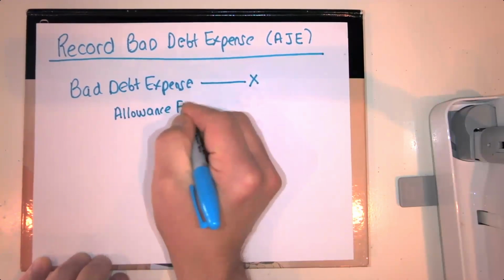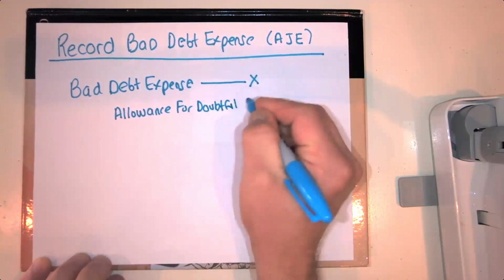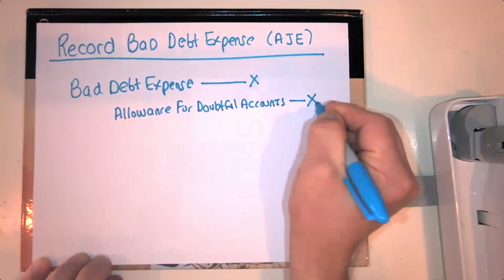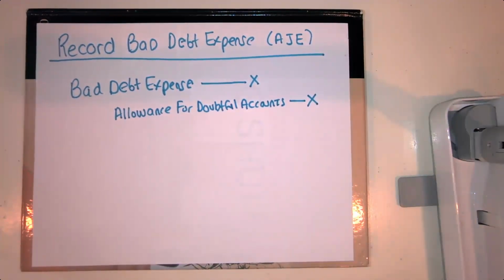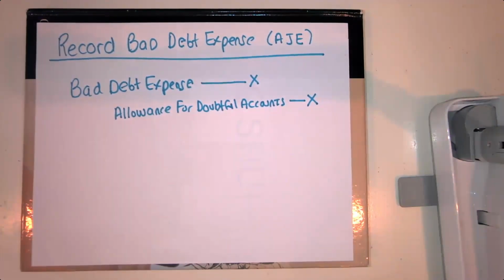Credit our allowance for doubtful accounts. Now, when I look at that adjusting entry, the bad debt expense part of that is pretty straightforward, right? I know what type of account it is. It's an expense account. It's telling me right there in the name.